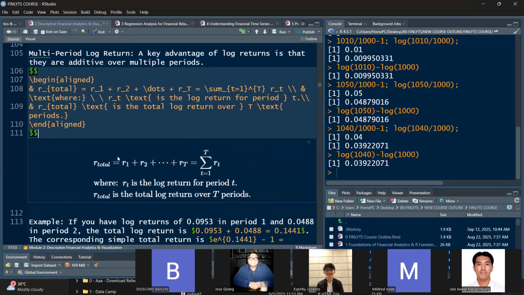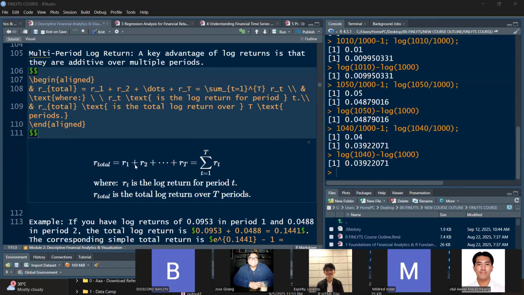Notice that the formula is additive. This is one advantage of using log returns, unlike simple returns, which are multiplicative. For log returns, it's additive. A key advantage of log returns is that they are additive over multiple periods.